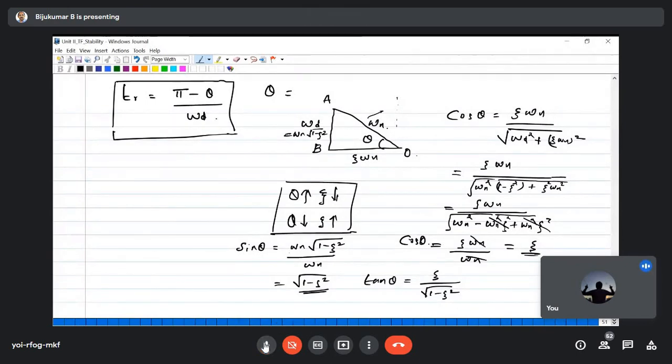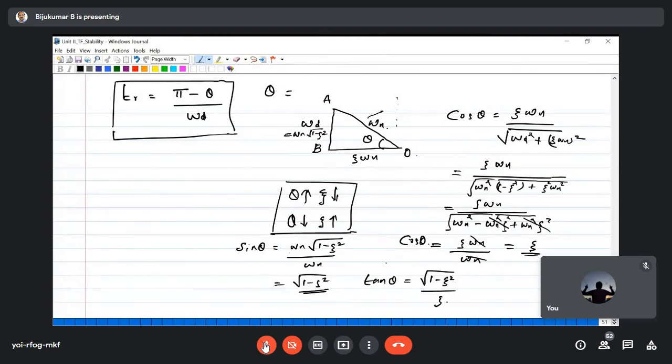So if I know theta and omega d, okay, root of 1 minus zeta square by zeta.